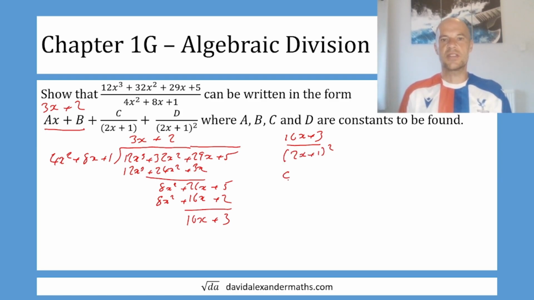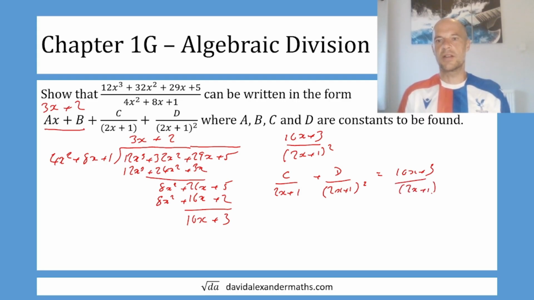So what we know is that c over 2x plus 1 plus d over 2x plus 1 squared equals 10x plus 3 over 2x plus 1 squared. Now, if I'm adding these fractions together, I can't add a denominator of 2x plus 1 to a 2x plus 1 squared without multiplying the top and the bottom by 2x plus 1.